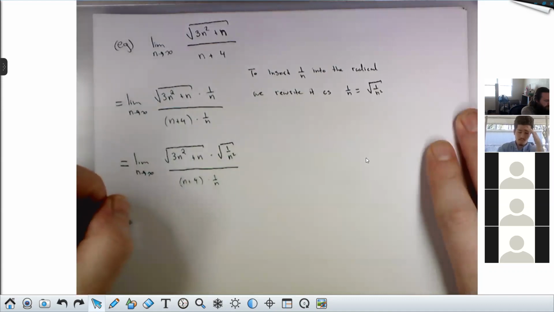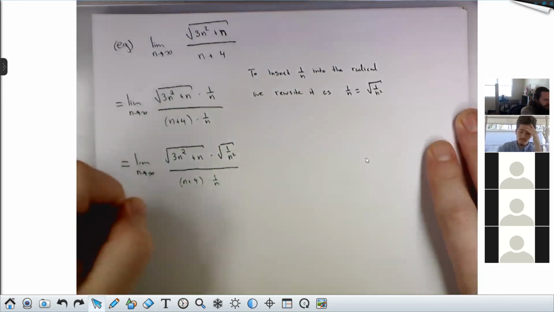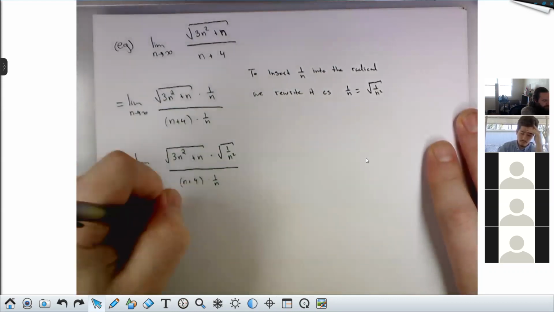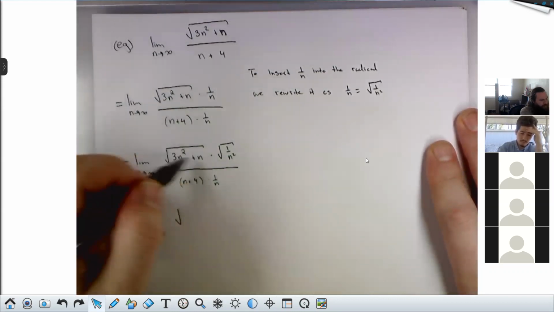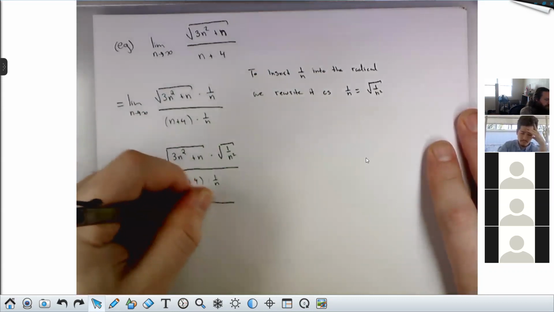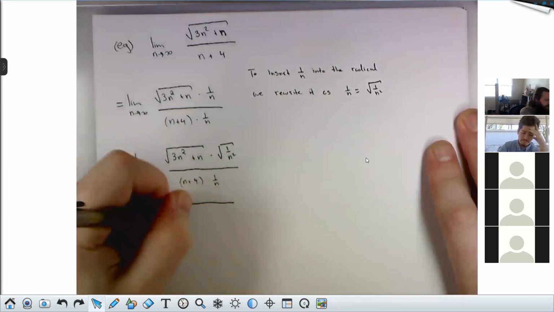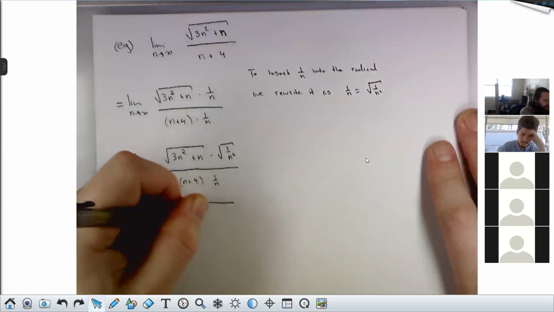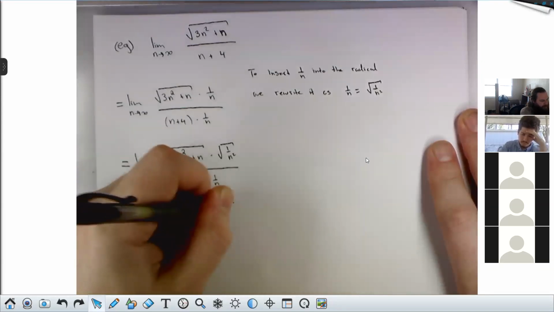From here, it's just algebra as normal. Still writing my equal sign, still writing my limits. The square root of this times the square root of that is one big square root with 3n squared plus n times 1 over n squared inside.